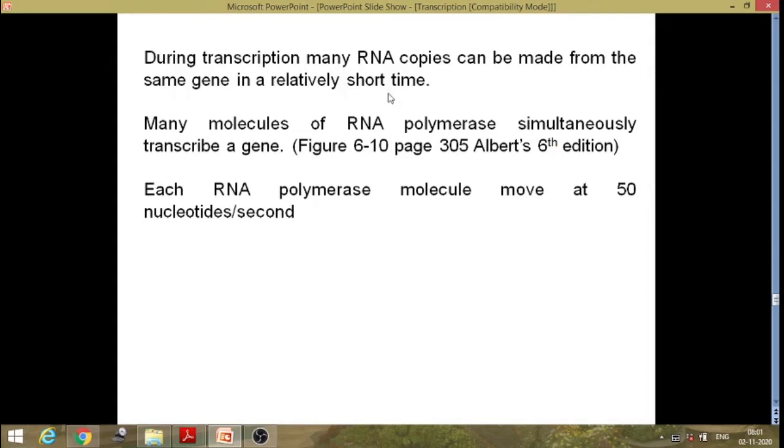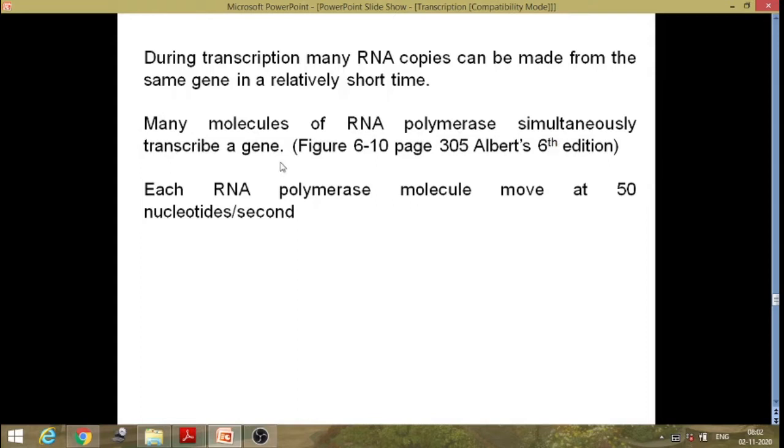No, rather the number of RNA copies are made in relatively short time. Many copies of RNA molecules are made in relatively short time because many number of RNA polymerase would simultaneously transcribe a gene.